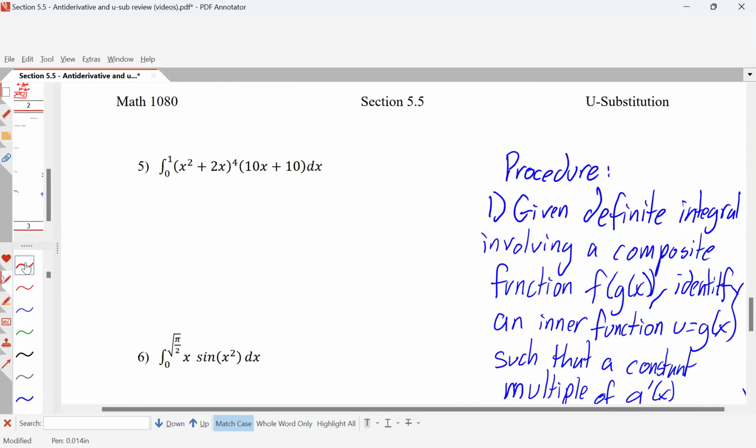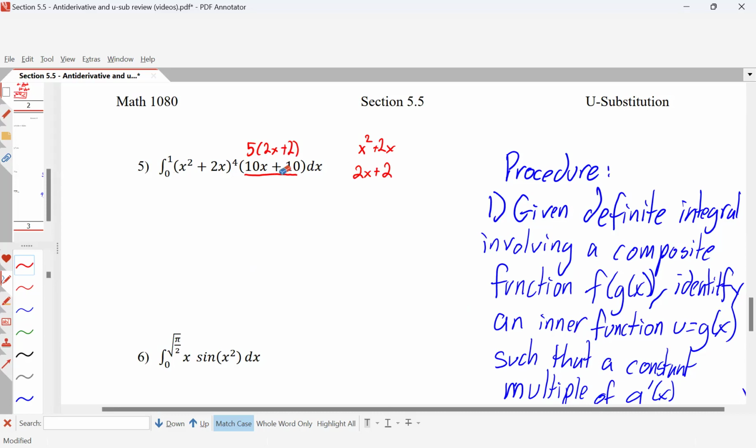So the first example, we know that the derivative of x squared plus 2x is 2x plus 2, which if I take 2x plus 2 and I multiply it by 5, that appears in my integral.